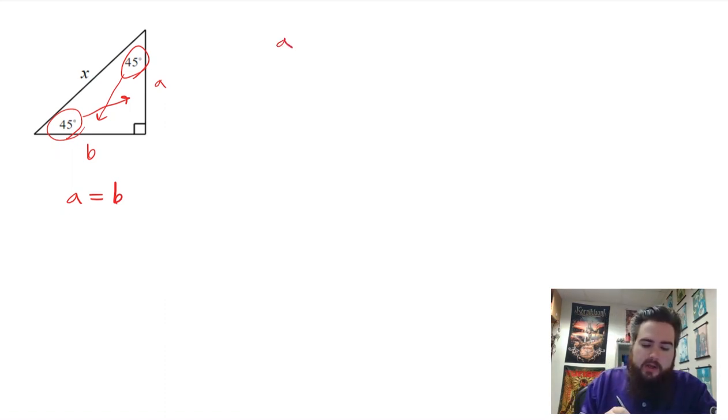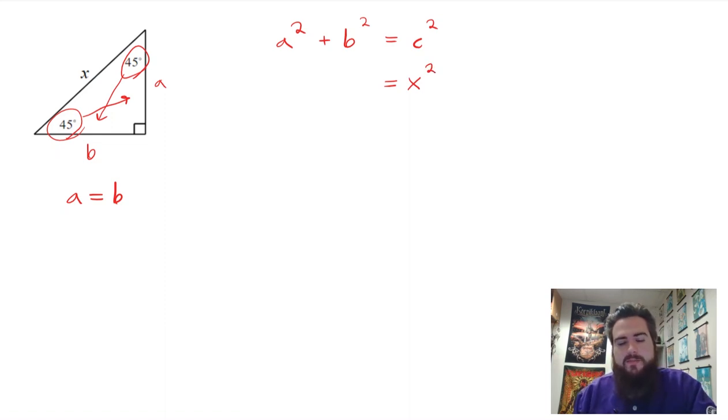Therefore, if I go directly to applying the Pythagorean theorem here, a squared plus b squared equals c squared, well, c is our hypotenuse, x, so that's x squared, and the two side lengths a and b, we can call them equal to each other. So, for example, I could replace b with a and have this as a squared plus a squared equals x squared.